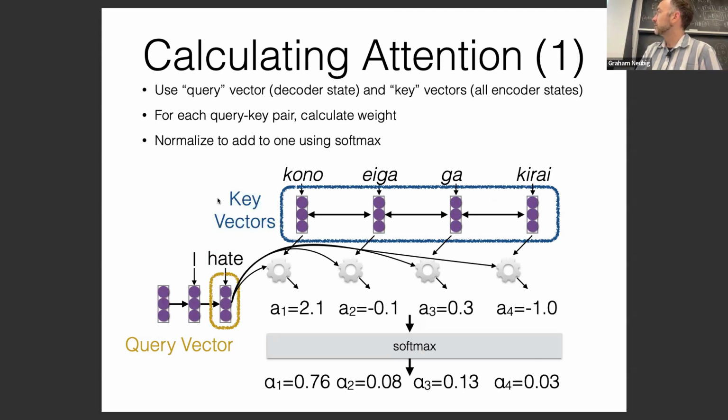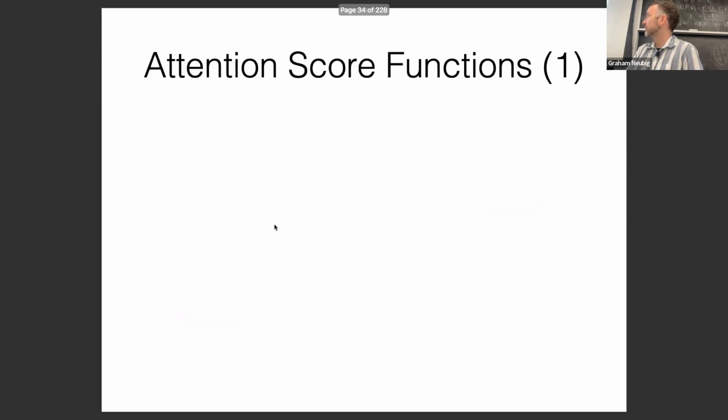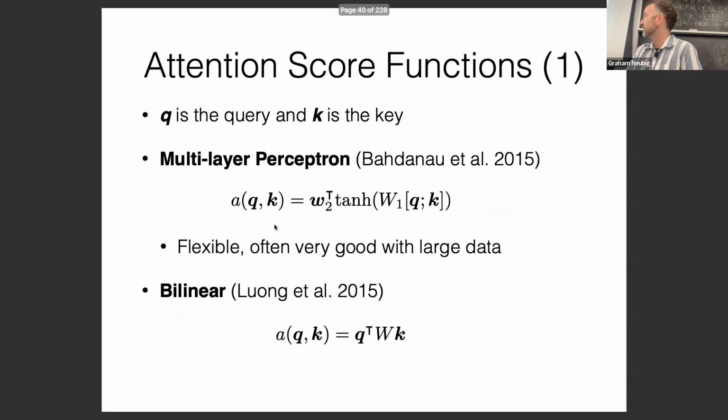Traditionally, usually the key vectors and value vectors are the same. But in the transformer, we run them through linear transforms. So the transformer is using these weight matrices, and I'll get to that in a second.